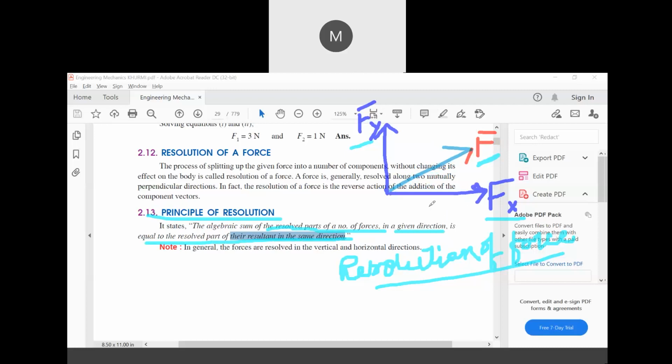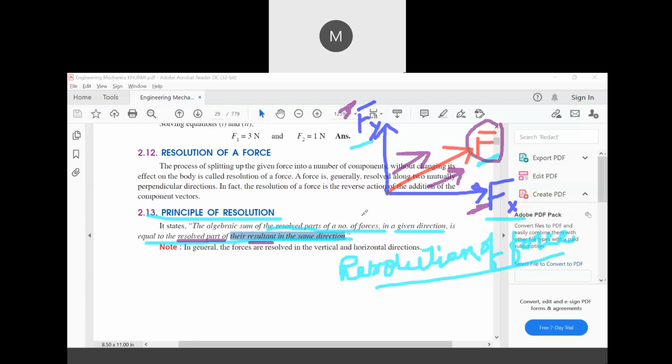If this force and this force are resolved again, and the algebraic sum of those resolved parts is taken, suppose in this direction, then it is equal to the resolved part of their resultant F.